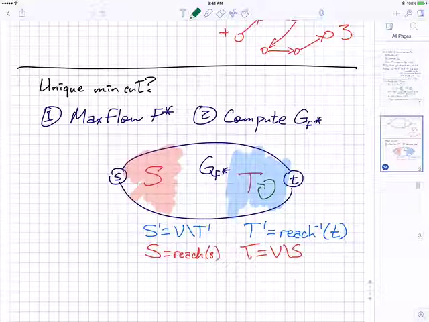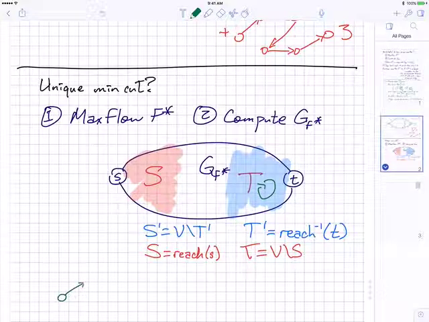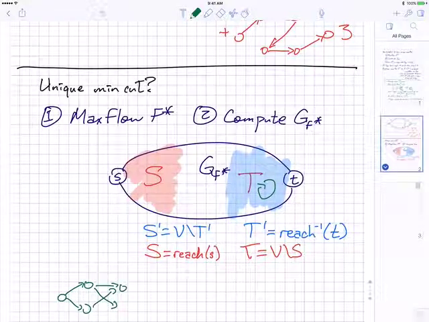Probably there's a way of finding them in some small time each, but there might actually be an exponential number of minimum cuts. As a stupid example, I could imagine a graph that looks like this.